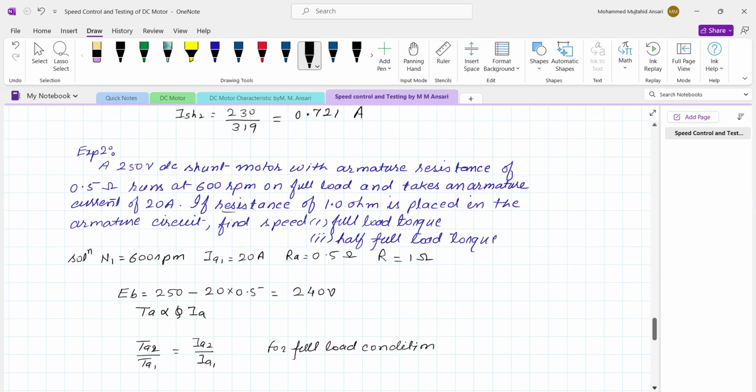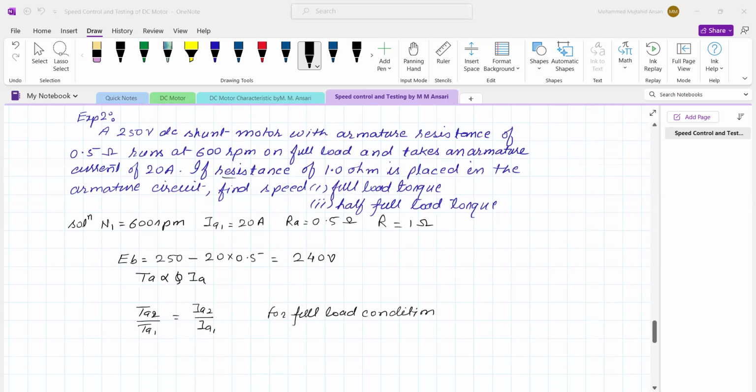So under such condition, TA1 is equal to TA2, both are same. So IA1 is equal to IA2, which is equal to 20 ampere.